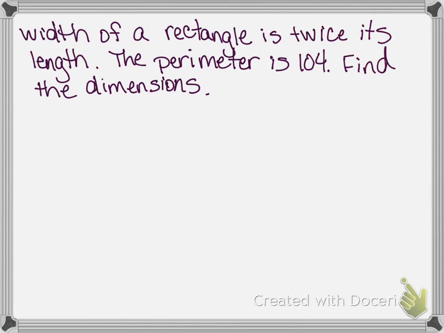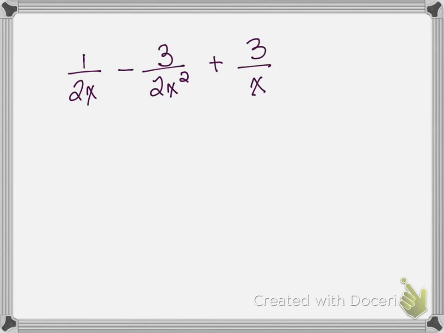Okay, we're gonna come back to that in just a second, but I want us to talk about the difference between what we just did there and this right here. So I've got 1 over 2x minus 3 over 2x squared plus 3 over x, okay?